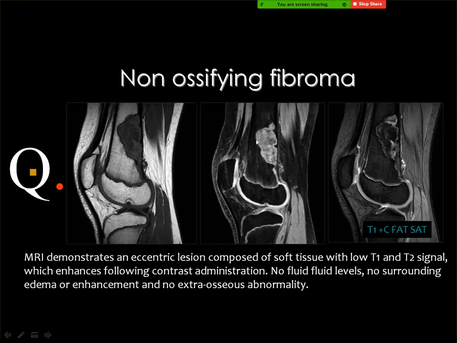But this lesion is based on the cortex. It does not cause any expansion of the bone, or even if it causes some slight expansion, you consider these two possibilities. But lesions that are not frequently seen in clinical practice usually need a biopsy to reach the diagnosis, and chondromyxoid fibroma is one of these lesions.